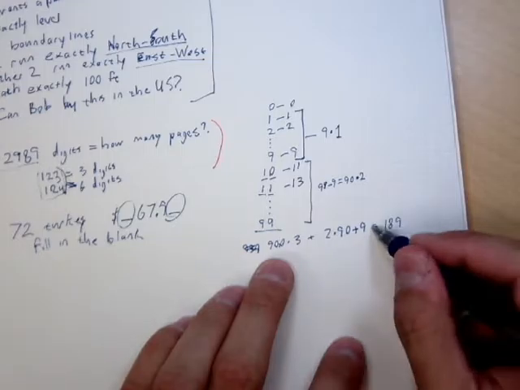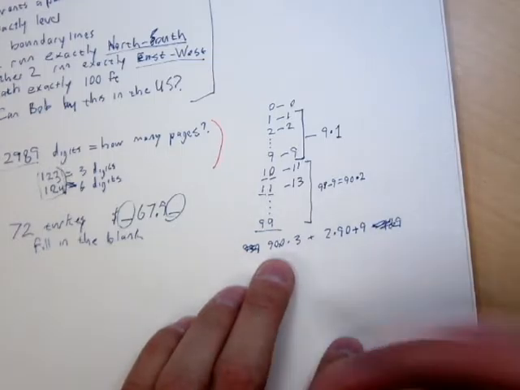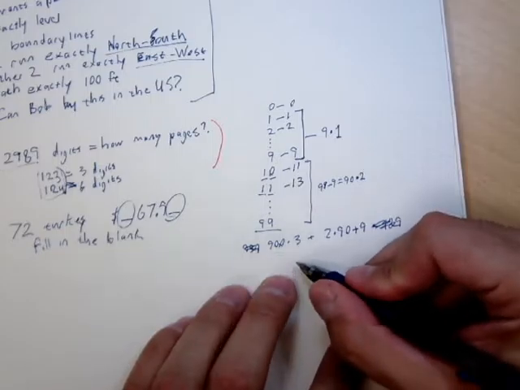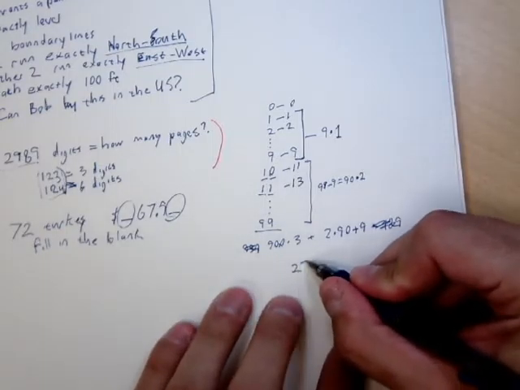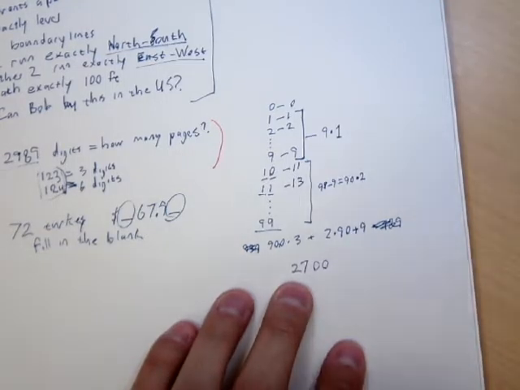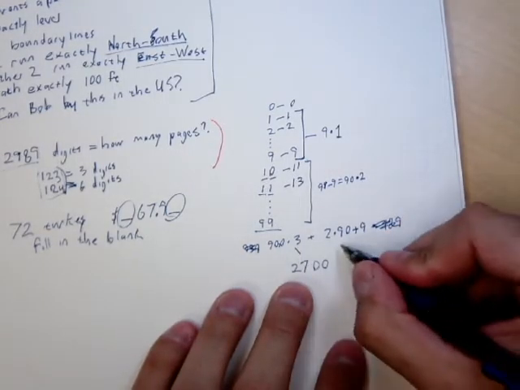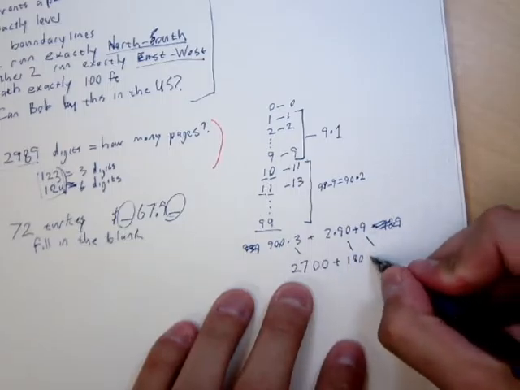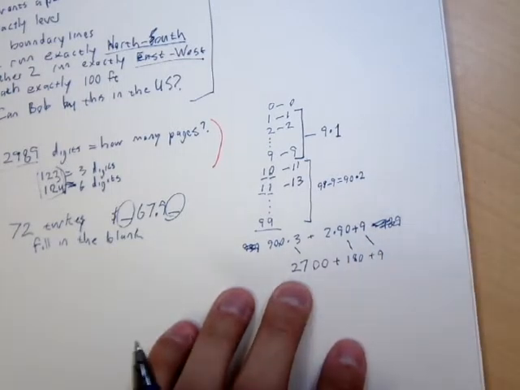So if I do 900 3-digit numbers, then what is that? 2700 digits, plus, again, we still have 180 plus 9, and we're already there.